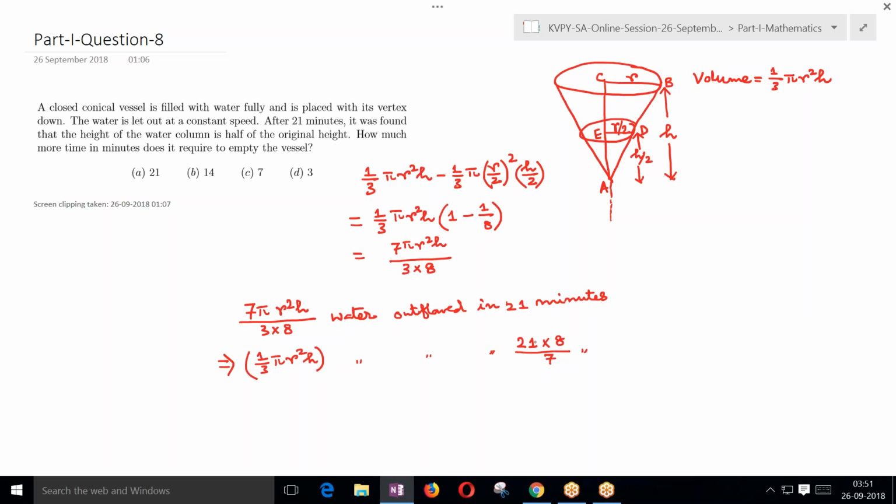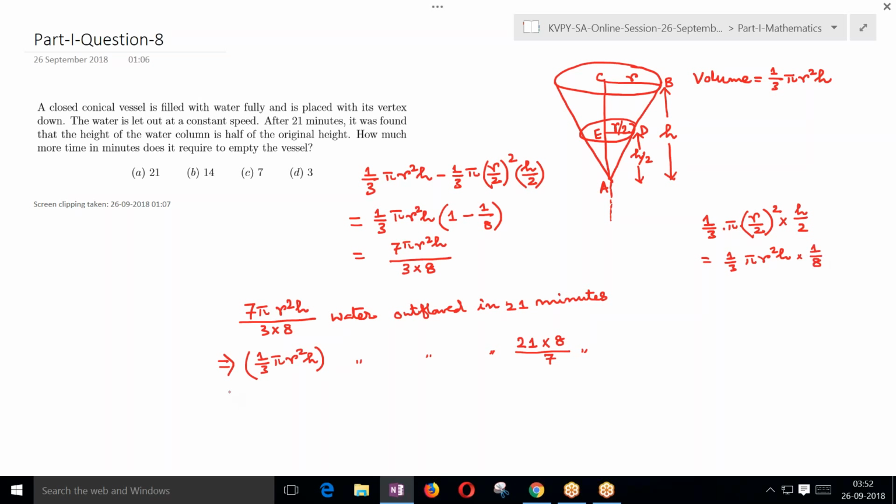The amount of water remaining is the volume of the lower portion, in the smaller cone. That volume is 1 by 3 into pi into r square, that means (r by 2) whole square into h by 2, which is equal to 1 by 3 pi r square h into 1 by 8.